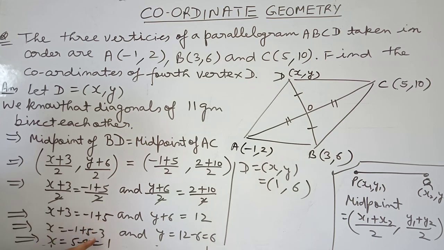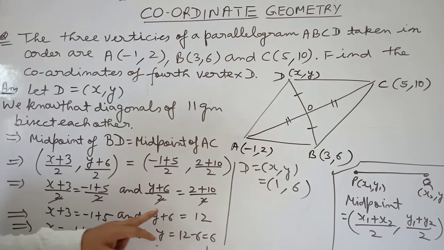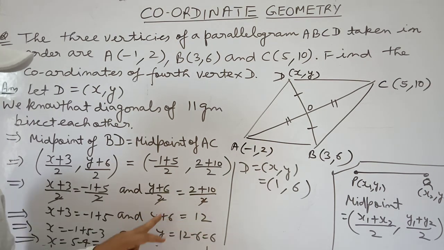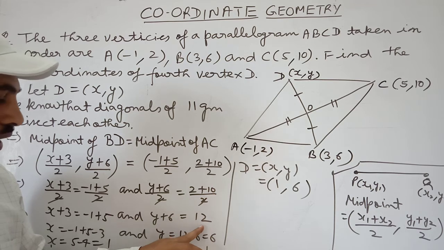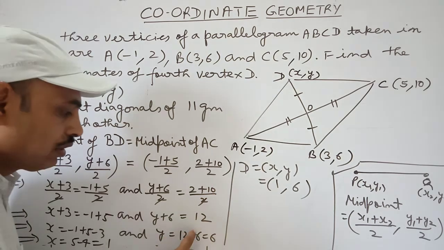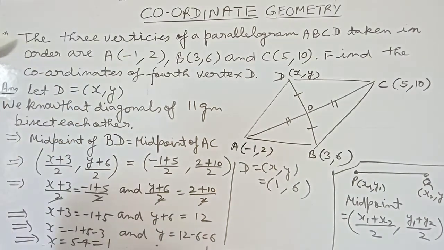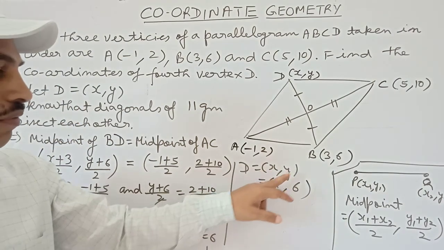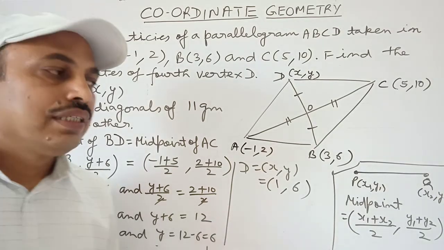Shift 3 into RHS, it will be minus 3. So we have x equal to 5 minus 4 equal to 1. Here y, 2 will cancel 2. Y plus 6 equal to 2 plus 10, 12. So y equal to 12 minus 6 equal to 6. So coordinates of D are x comma y equal to 1 comma 6.